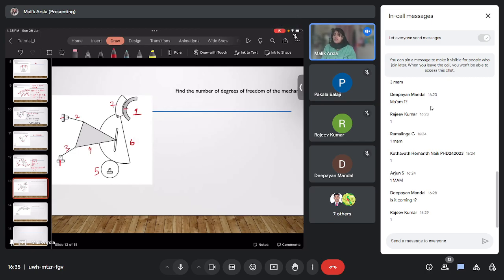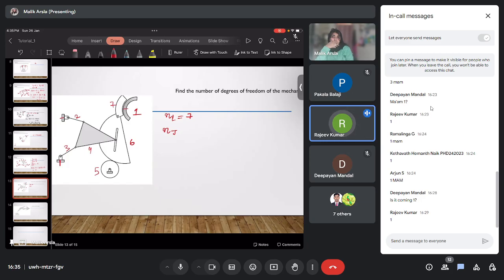Now you are getting the answer. So number of links we have calculated as 7. Now what is the number of joints? 9, ma'am. Okay, how? Actually, ma'am, this one is the first.